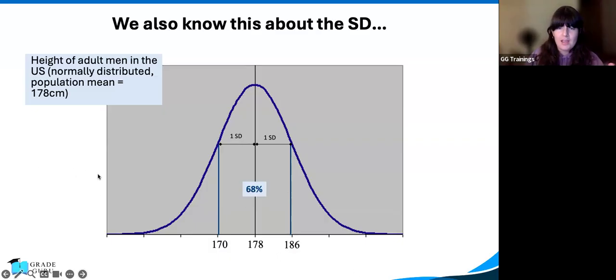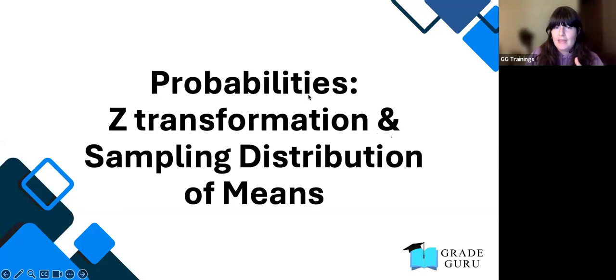The mean and the median serve the same function here, and we have these standardized percentages for the standard deviation. We can use them to standardize X values and get probabilities for any X value that we want. And that's what leads us into the Z transformation and the sampling distribution of means.